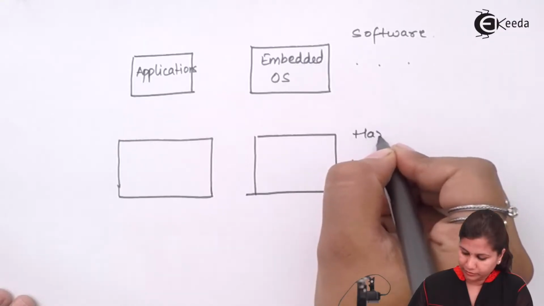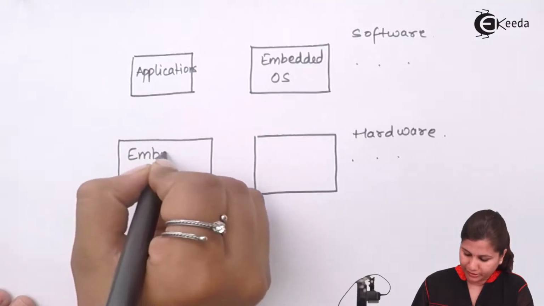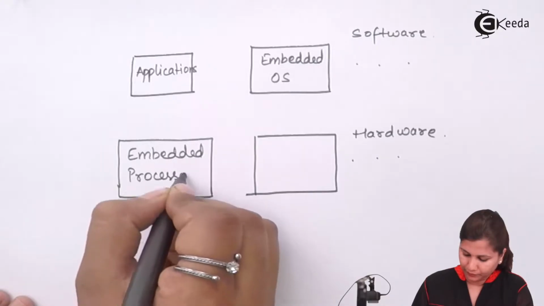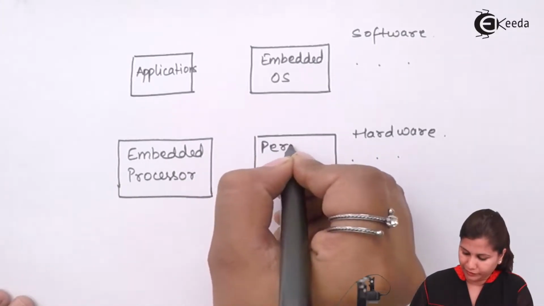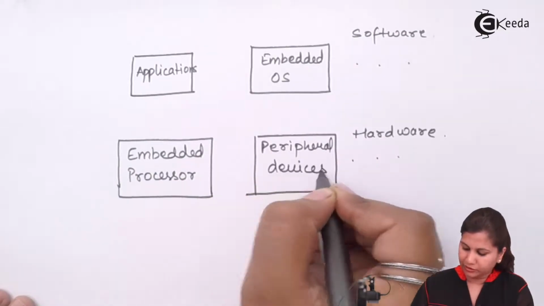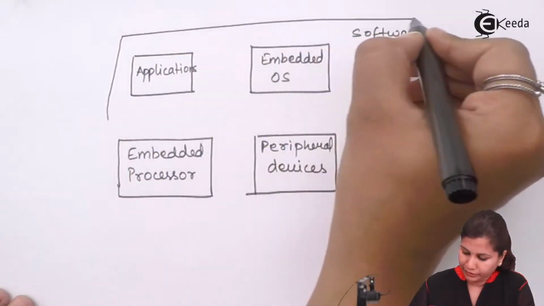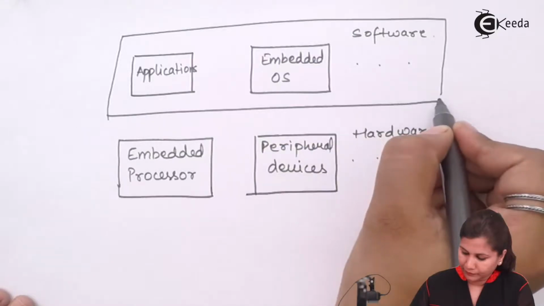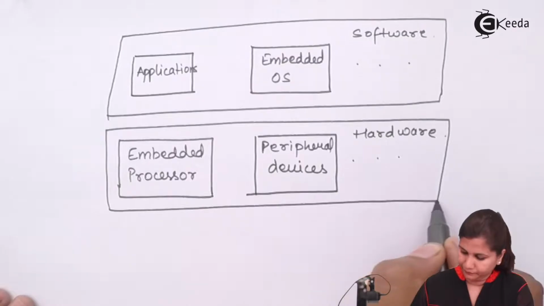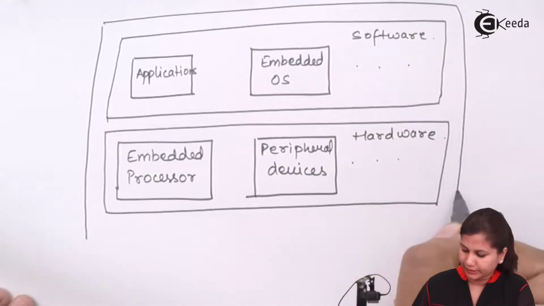In hardware, we have the embedded processor and peripheral devices, and many other components can also be present. So this is the software, this is the hardware, and this whole system is contained in the embedded system.